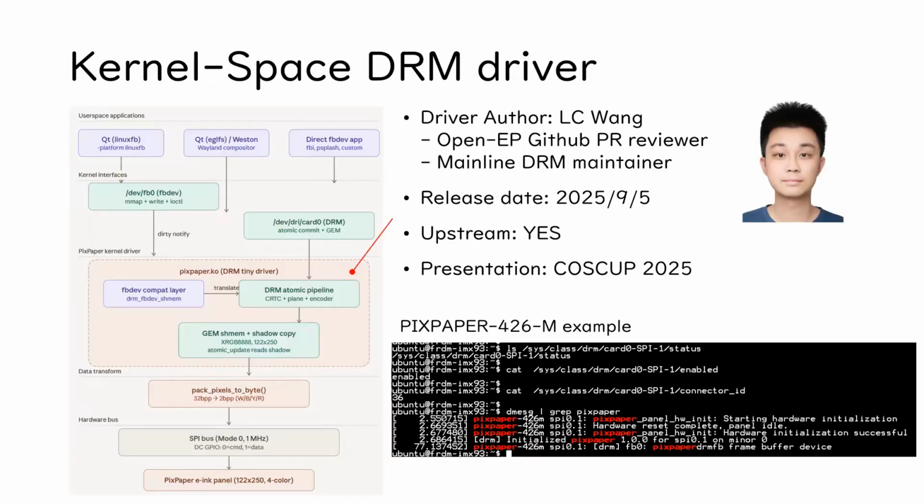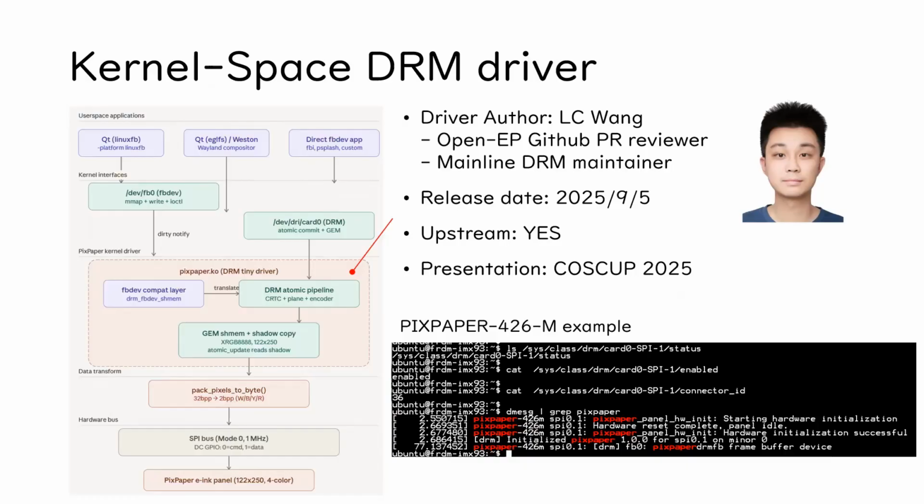As you can see on the left side, the driver architecture, we follow the Linux kernel upstream DRM standard and protocol, so we can be compatible with all display frameworks like Qt or Yocto Weston Desktop or FrameBuffer Desktop or GNOME. We all support them because it's a standard DRM driver.